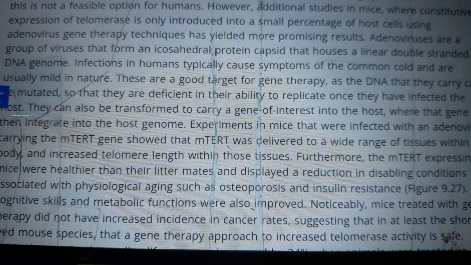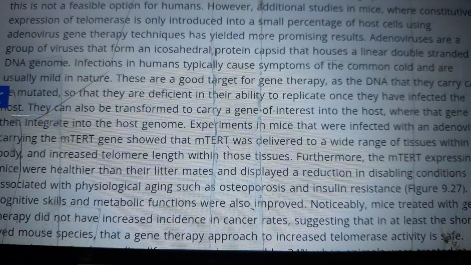Adenoviruses are a group of viruses that form an icosahedral protein capsule that houses a linear double-stranded DNA genome. Infections in humans typically cause symptoms of the common cold and are usually mild in nature.